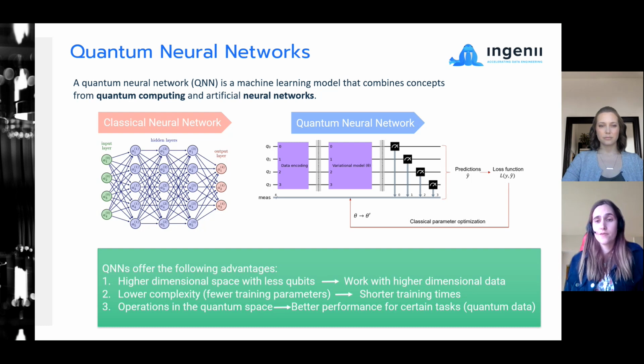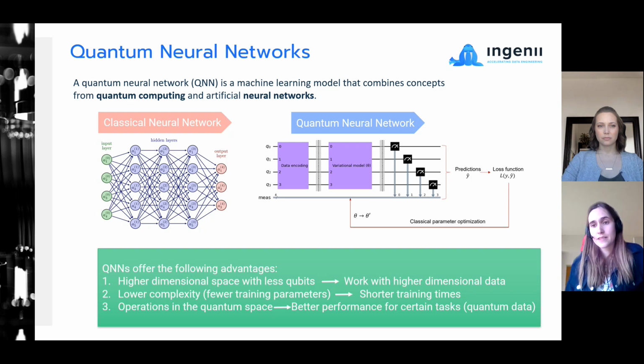So we would also have three types of layers in quantum neural networks. The first one would be the data encoding, which would map the training data into the quantum system, which in this case is a quantum circuit. Then we have the variational model, which produces quantum operations on these encoded data, and it also serves as a feature extractor.